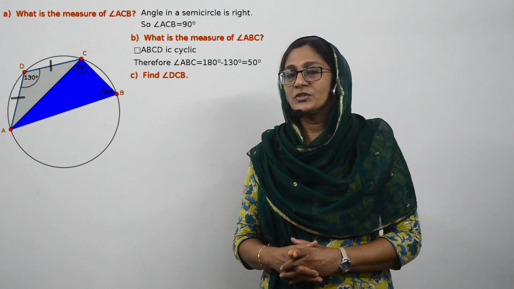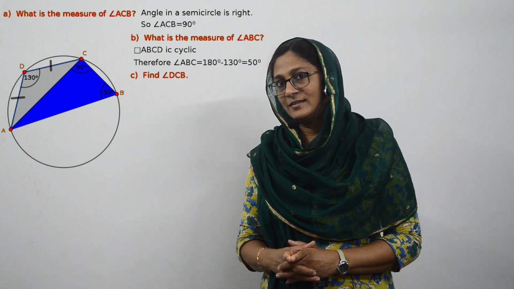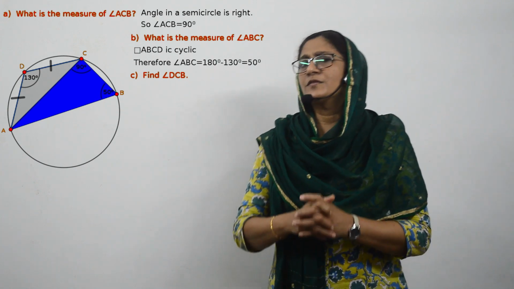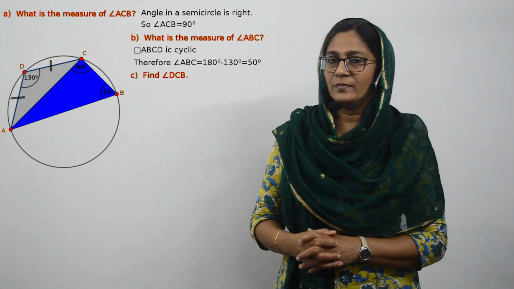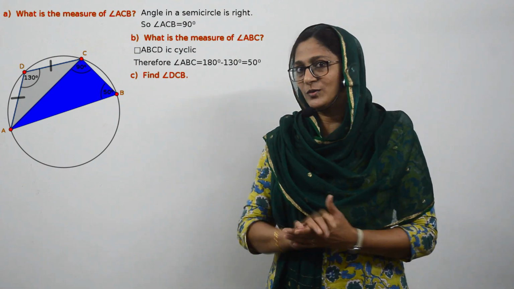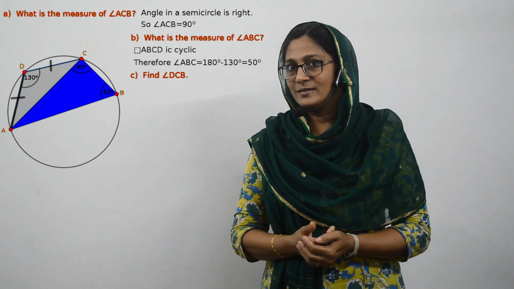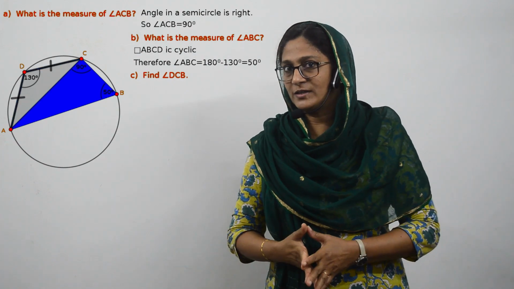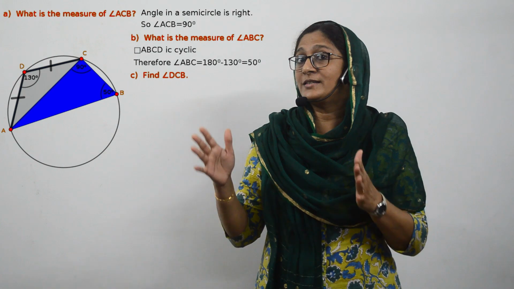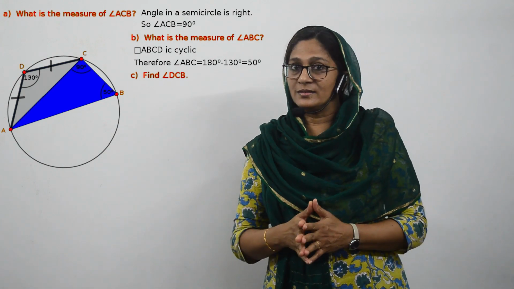Think about the triangle ADC. What kind of a triangle is triangle ADC? Yes, correct. We have a clue in the question. AD is equal to CD. So two sides of that triangle are equal, which means triangle ADC is isosceles.